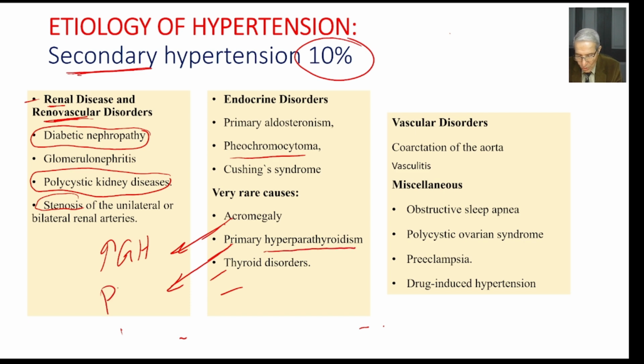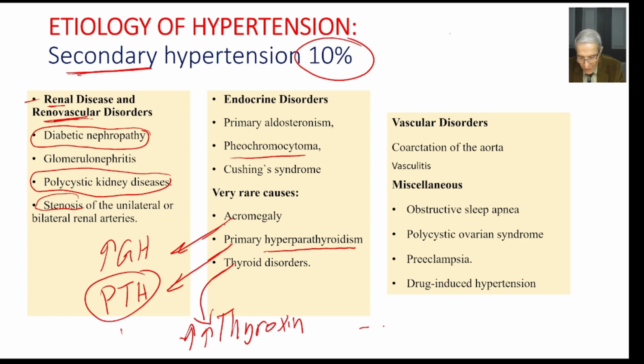Hyperparathyroidism, we talk about parathyroid hormone. And thyroid disorder, we are speaking about the thyroxine level being high, increased secretion of thyroxine. So all these factors are considered rare, but this one is considered a popular endocrine disorder.